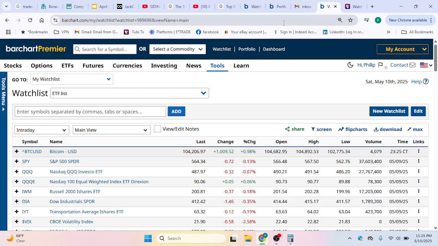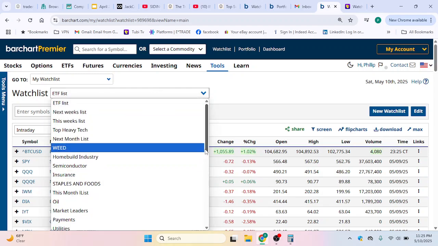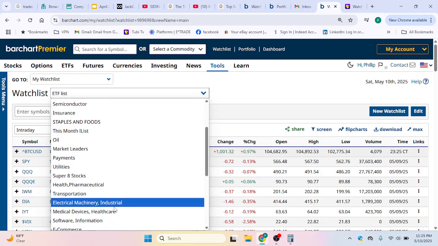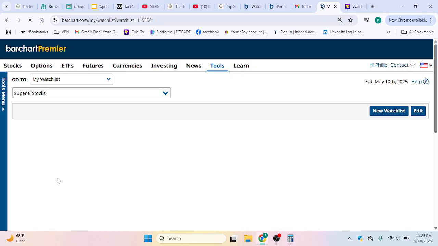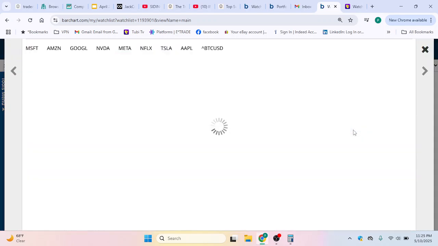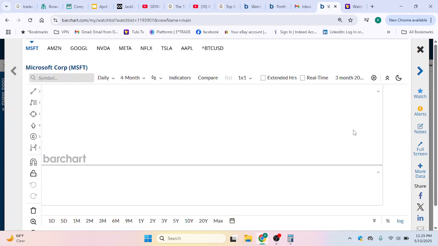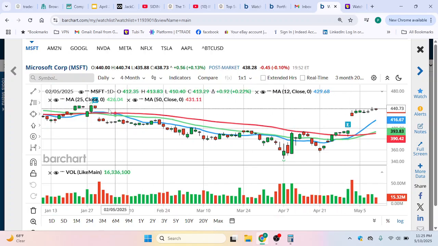So in this context of this rally within an overall market sell-off, let's take a look at our former market leaders, or what I call our Super 8 stocks. Now we're just going to look at some daily charts. Microsoft on this daily chart was in a downtrend, right? See the long-term red line, down, down, down.